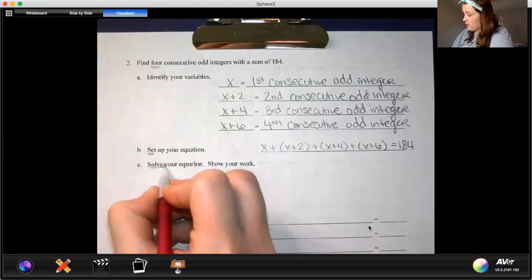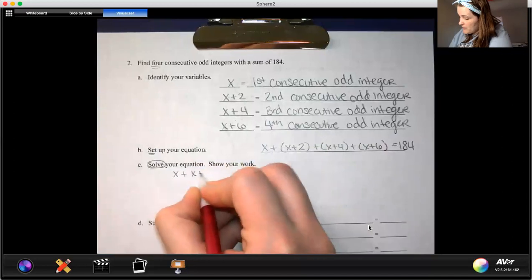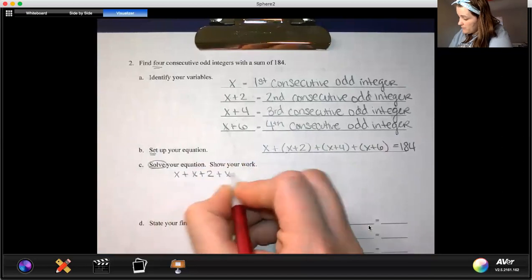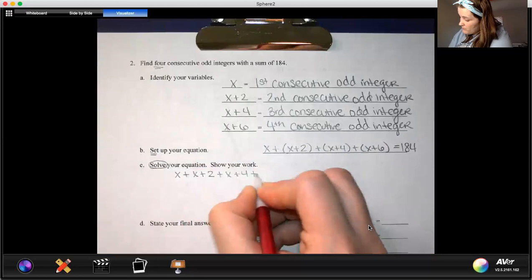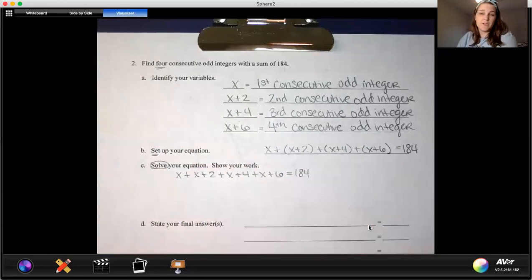Okay, so all you do is rewrite your equation. And you don't have to use the parentheses in your work, but you do need to show all your work. The first thing I'm going to do is combine like terms. Okay, why don't you go ahead and do that for a sec. Did you do it? Hopefully.